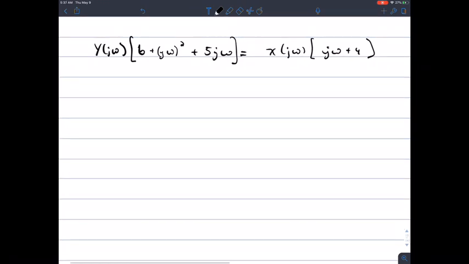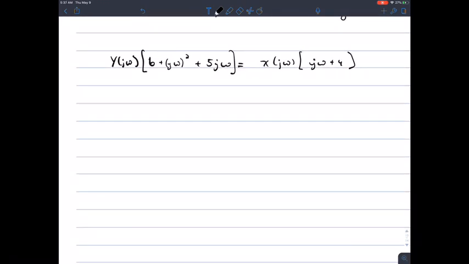So let's go ahead and change this back. So we know that Y of j omega is equal to y of t. And 6. Oh no, the Apple Pencil died. I'm gonna just talk to you while it charges for a couple seconds. And so the 6 is gonna drop down. The j omegas are gonna turn into the differentiators.